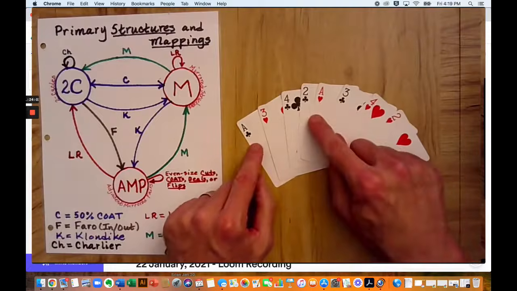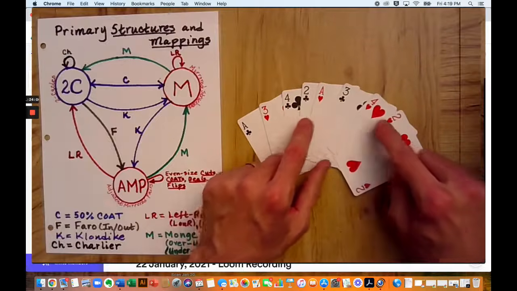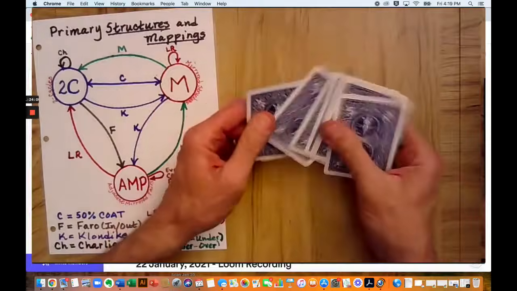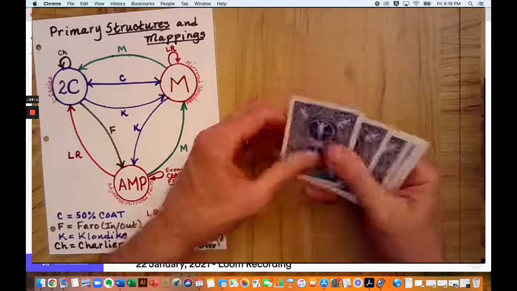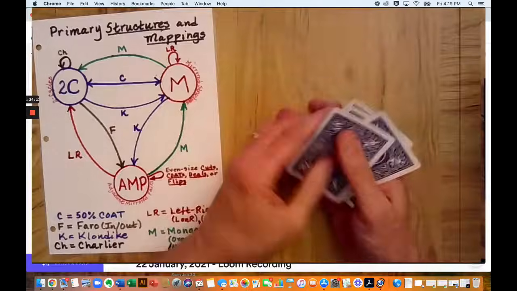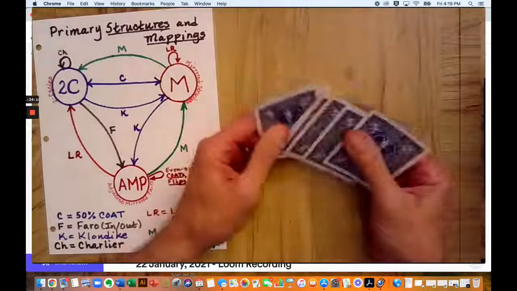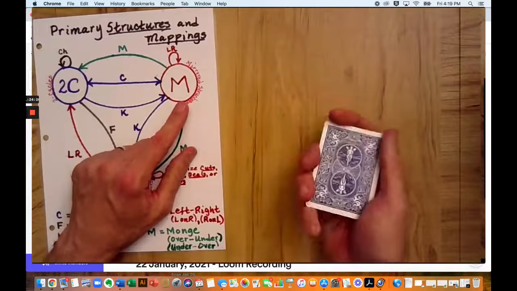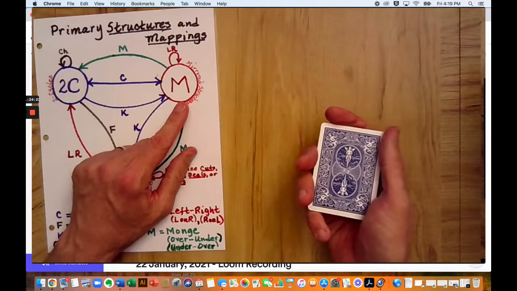Okay, so here the P equivalent cards are C equivalent. And then while we're over here, you can do a Charlier shuffle, do as many of those as you like. Each one of those is equivalent to an ordinary cutting of the cards. If we want to get back to a mirrored, a 50% coat always works.